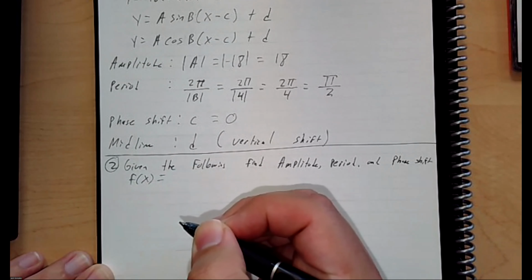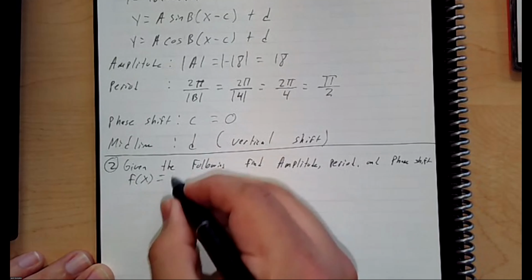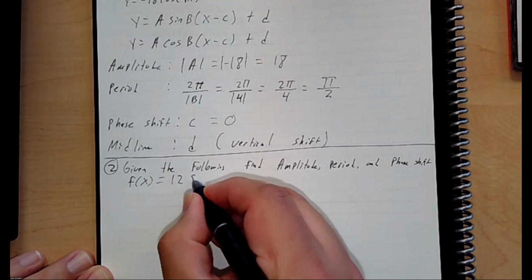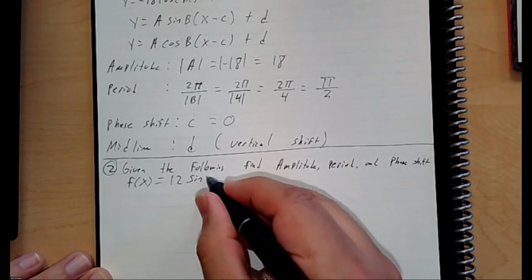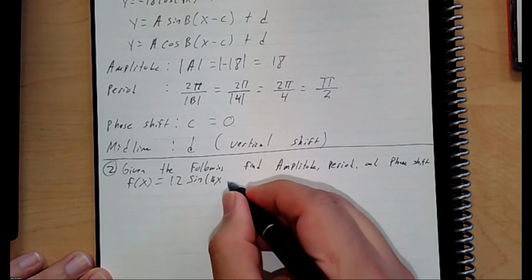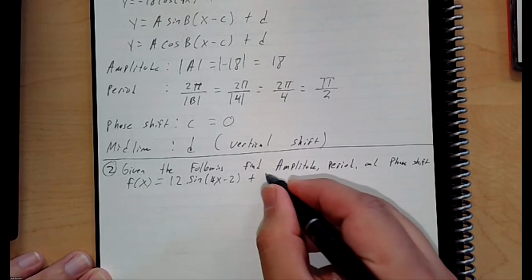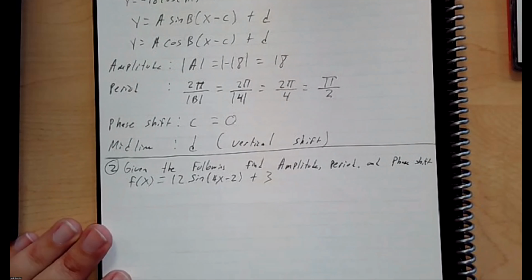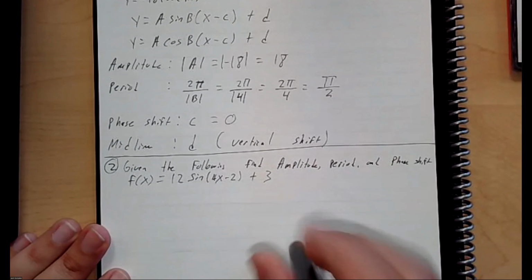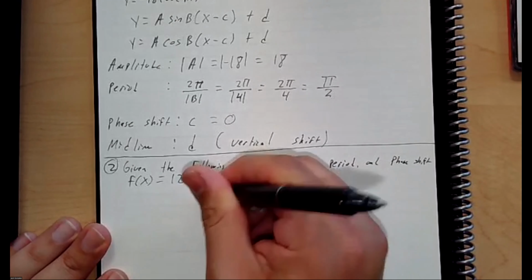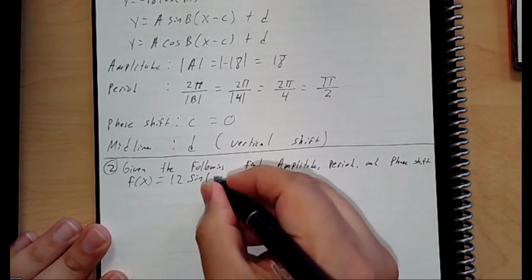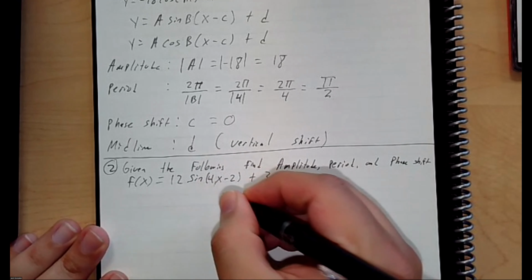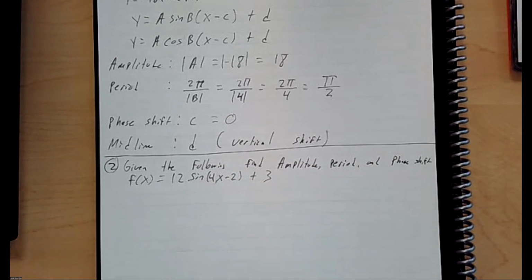Here's the f of x. 12 sine of 4x minus 2 plus 3. It's a 4.